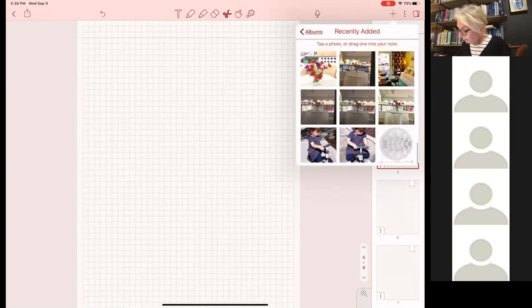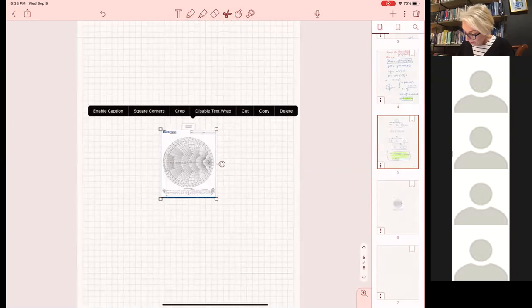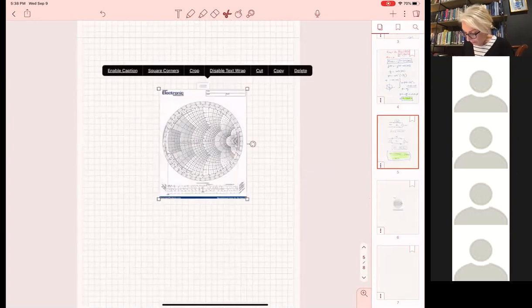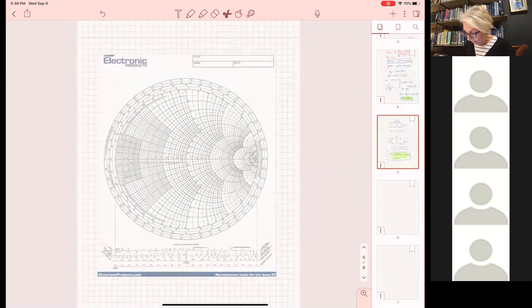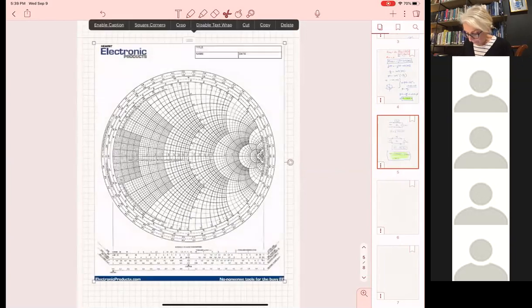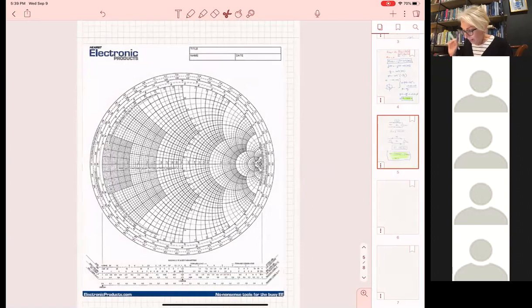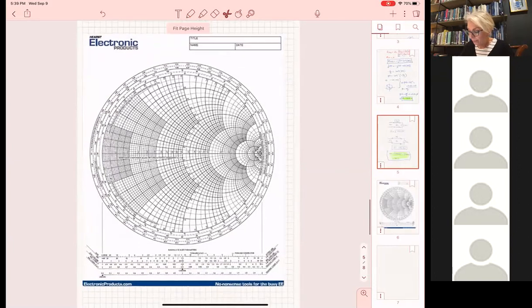Where is that? A lot of pictures of my granddaughter. So here. All right. Now let's try to do that. That's going to be fun.